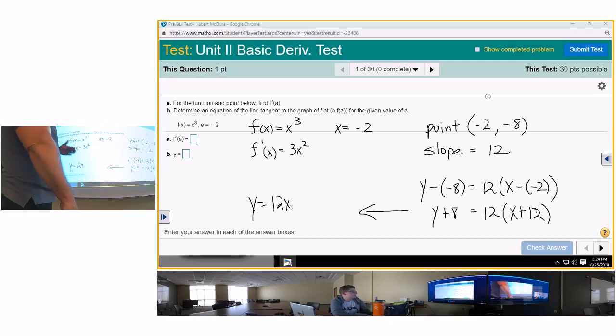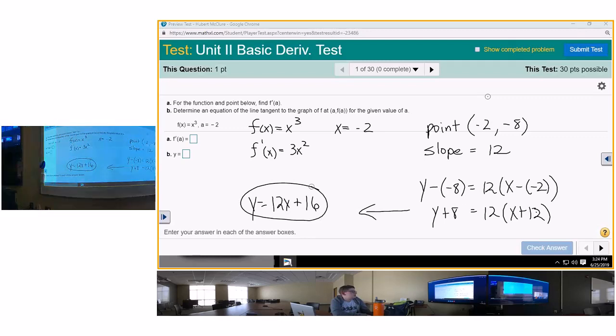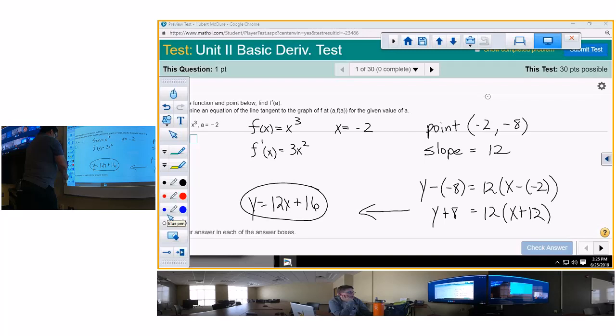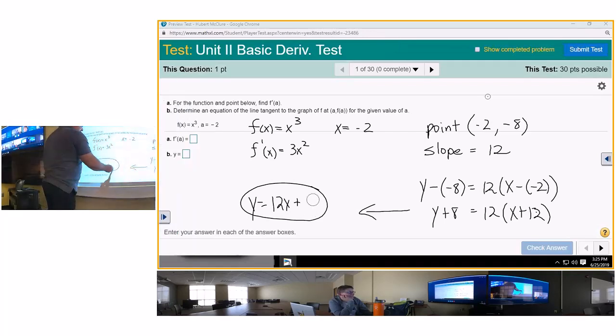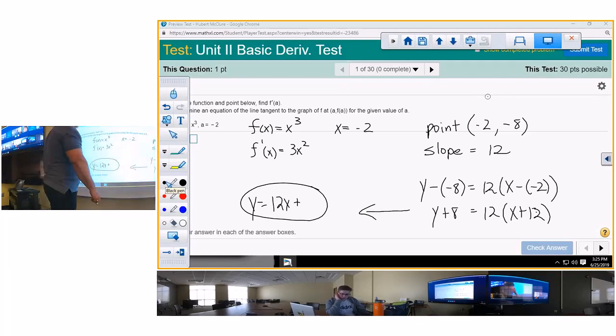Y is equal to 12x. Well, 12 times 2 is 24, but what's 24 minus 8? 16? I wrote 12 times 12 is 144, sorry. I don't need y'all to say what. I need y'all to say that I've made a mistake. It shouldn't be 12, it should be 2.